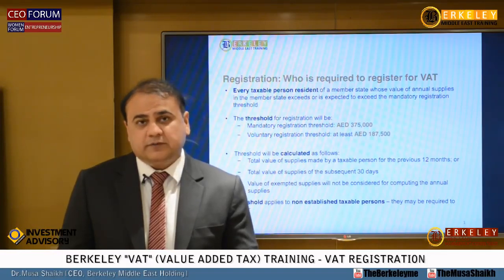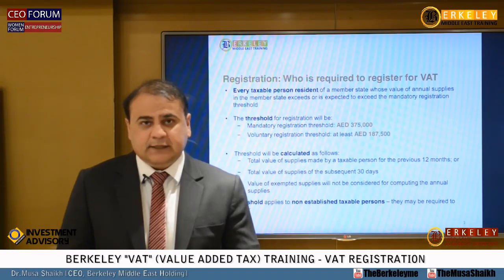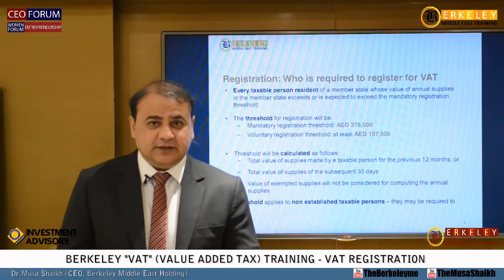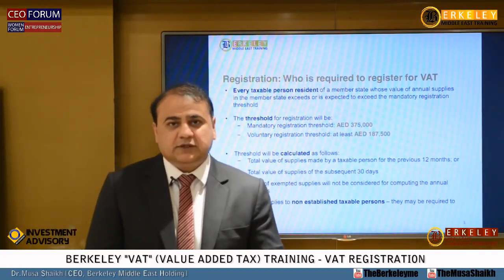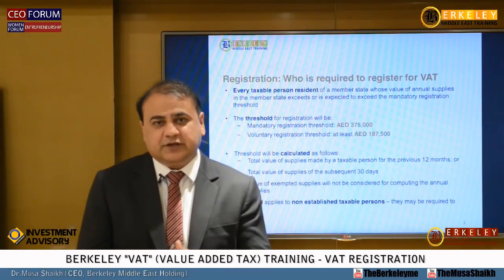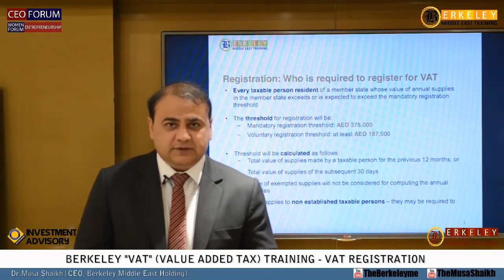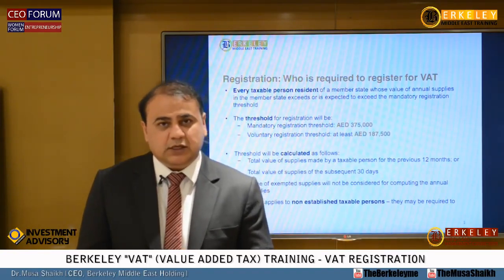You can opt voluntarily for the VAT registration if your turnover is at least 187,500 dirhams. How will this figure be calculated? You have to see the 12-month range of your year, the total value of the supplies in subsequent 30 days.